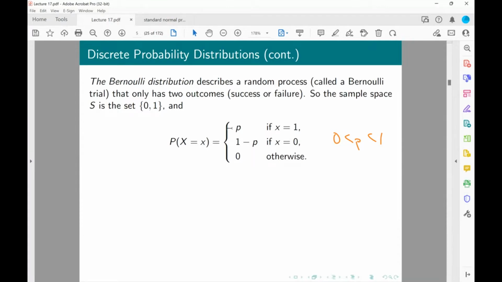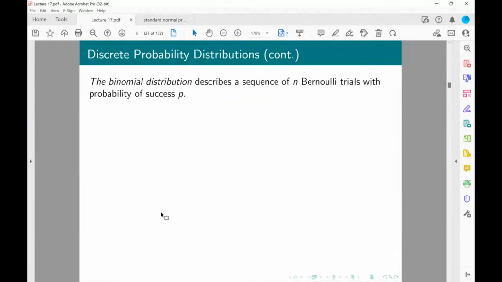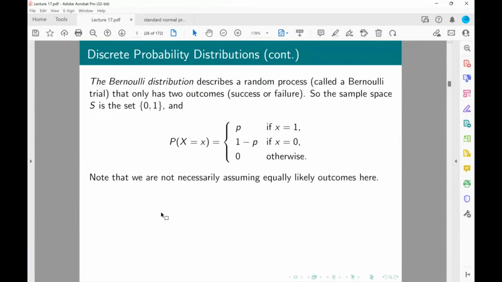If we have probability of passing p, then the probability that we fail is 1 minus p, and 0 otherwise. So again, this is useful for saying if something could happen or might not happen, and it's not equally likely. Something like a loaded dice or a weighted coin would be a good example, where it's heavier on one side than the other.